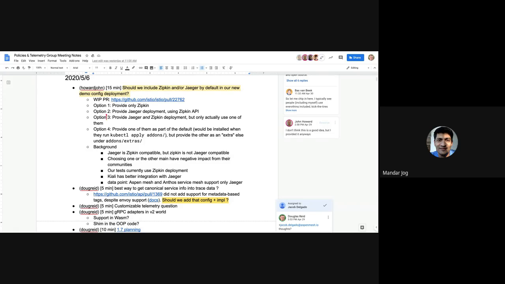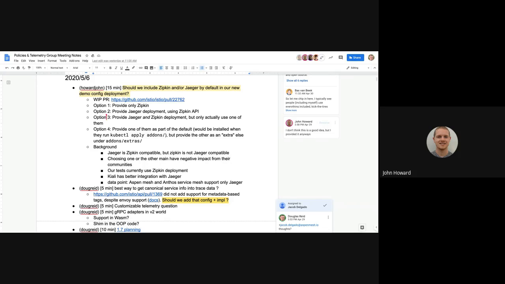So the way I'm thinking about this is that if the overhead of maintaining two is not that much, then we just make a soft choice and say, okay, by default Jaeger is enabled, but you can easily enable Zipkin as well.